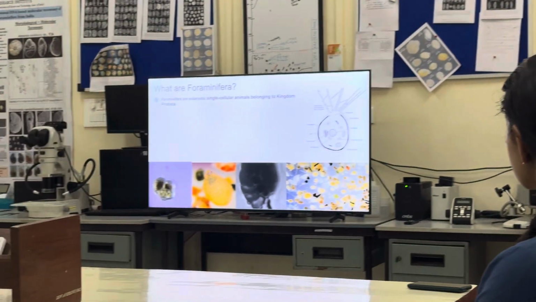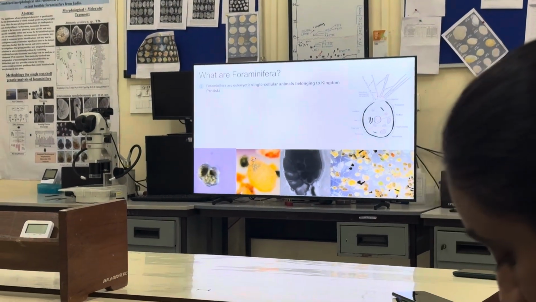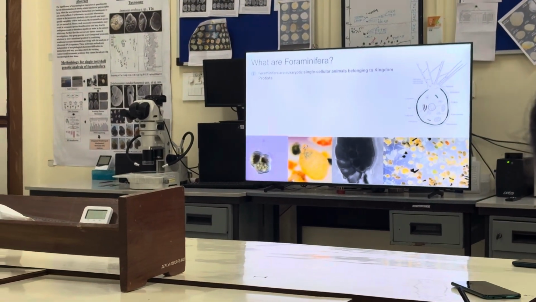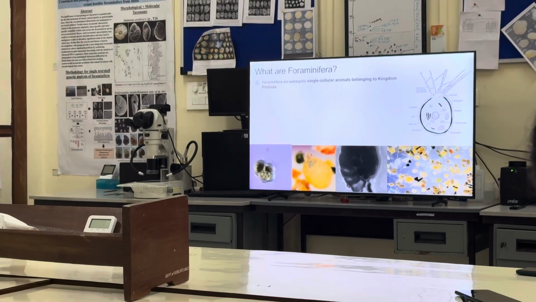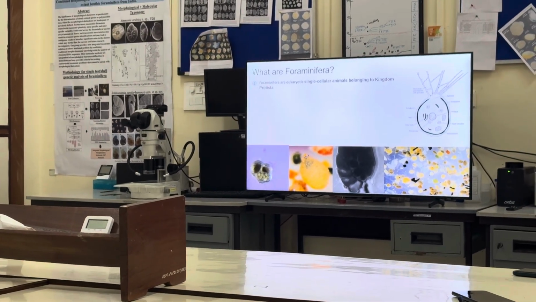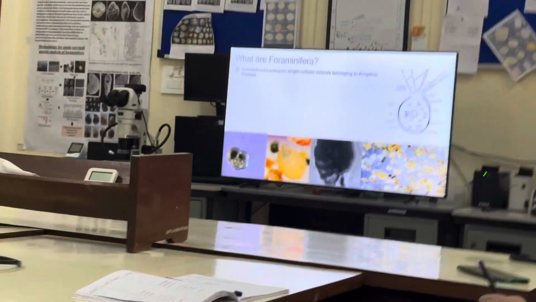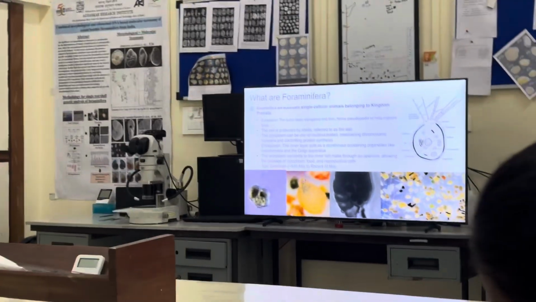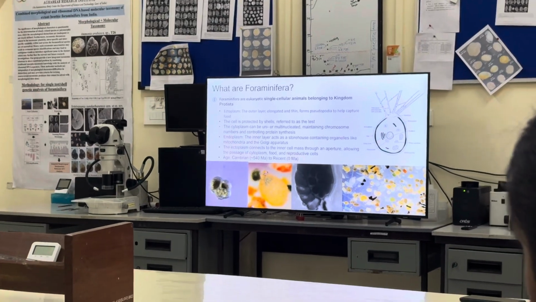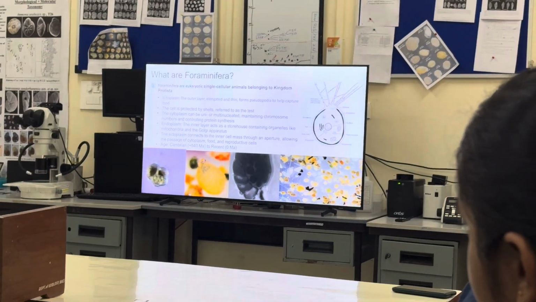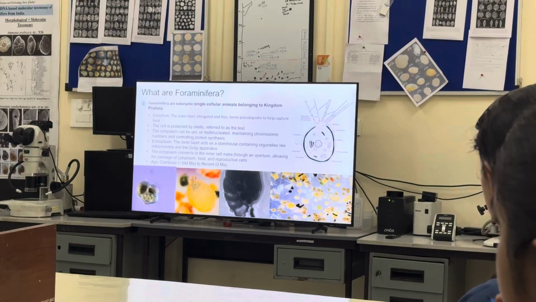So, understanding foraminifera: they are eukaryotic single-celled protists. In short, they have just one cell. The cell might have an ectoplasm. The ectoplasm has cytoplasm inside it, and to that cytoplasm the different organelles are connected.